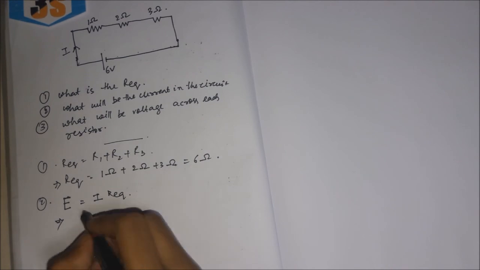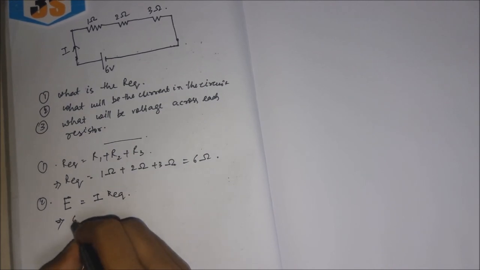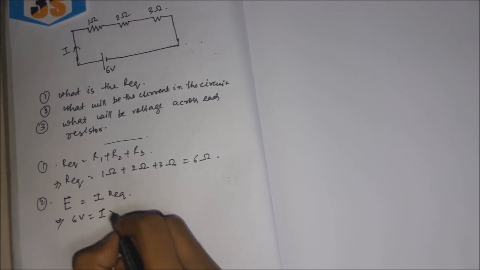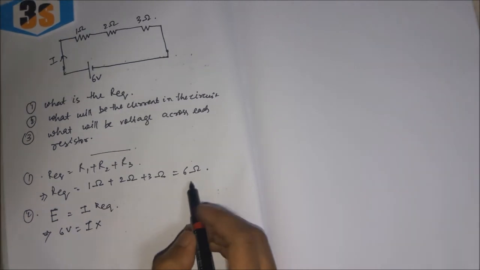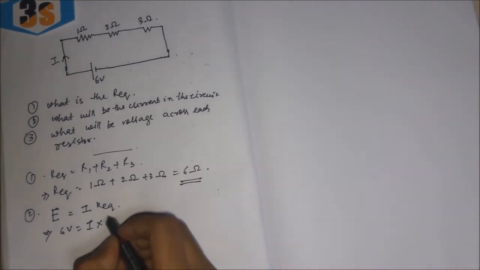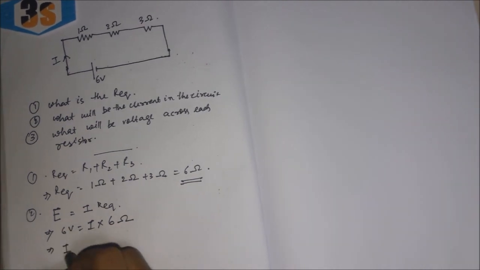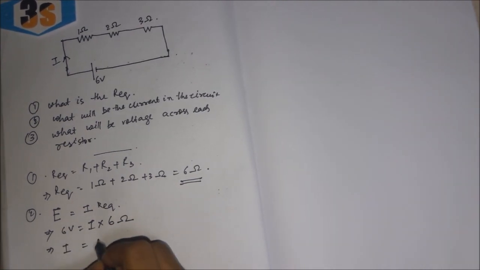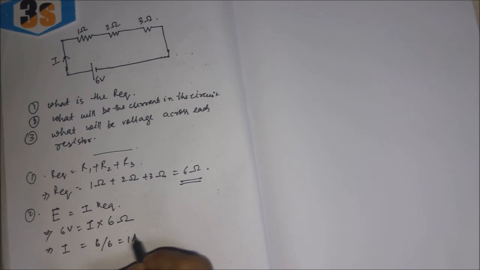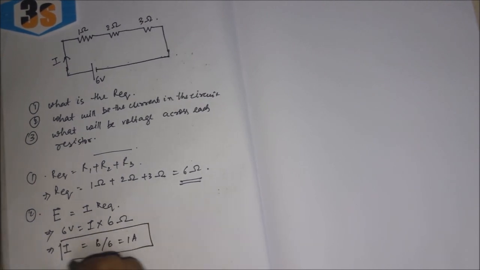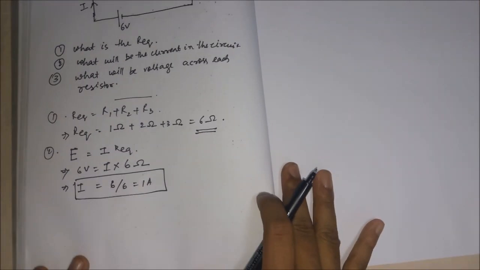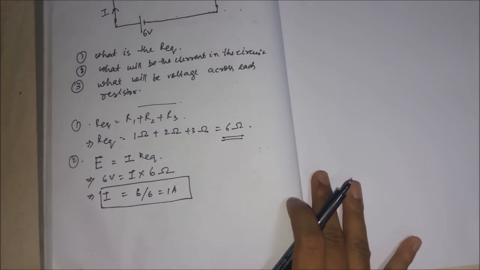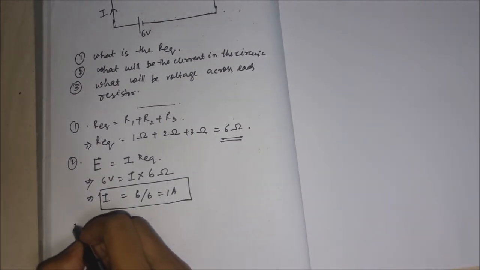So E, 6 volt, equals I into R equivalent. We have calculated it as 6 ohm, so I into 6 ohm. Now I, or the current in the circuit, is 6 by 6 equals 1 ampere. Now this current of 1 ampere is flowing through all the resistors.